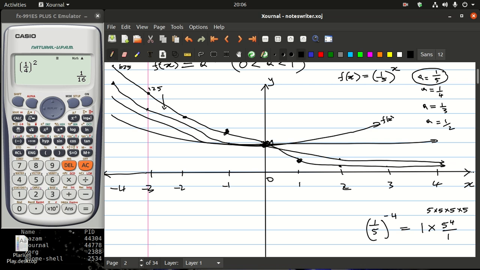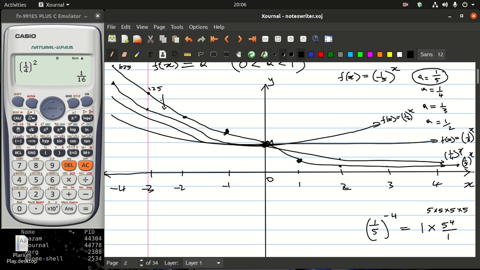So this is going to be f of x is equal to 1 over 2 to the power x. This one is going to be f of x is equal to 1 over 3 to the power x. This one is going to be 1 over 4 to the power x, and this one is going to be 1 over 5 to the power x.